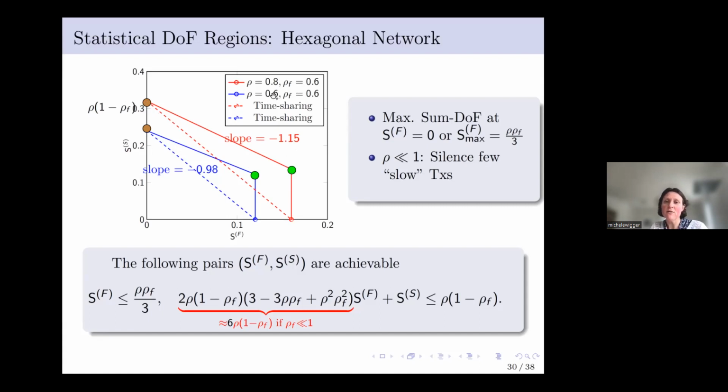In contrast, if rho is 0.6, then the slope here is 0.98. That means it's actually larger than minus 1. And the maximum sum point is actually here. So here, it's actually beneficial to send high rate fast messages.